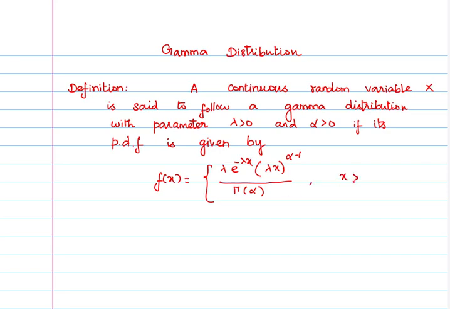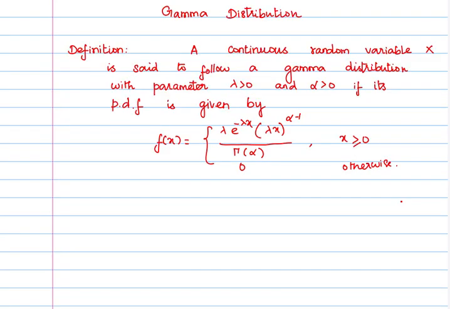Here x is always non-negative, 0 otherwise. Some people call this the general gamma distribution also. This is my PDF.